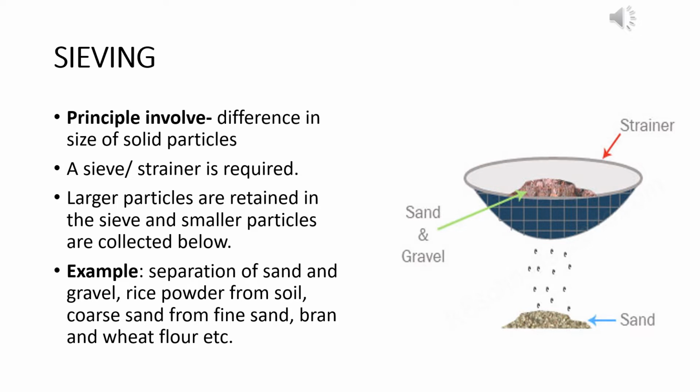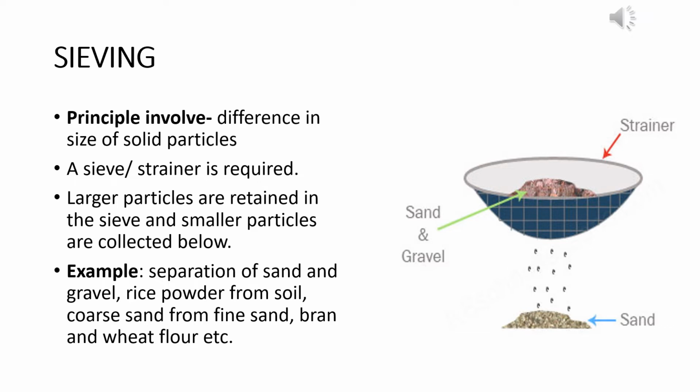Examples include the separation of sand and gravel. Here the gravel is retained in the strainer and sand is collected at the bottom. Rice powder from soil: the soil is retained in the strainer or the sieve and rice powder is fine, so it is collected at the bottom.